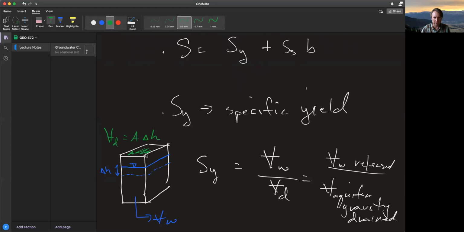So it's the relationship here between the volume of water that I drained, or the volume of aquifer that I drained, and the amount of water I released.